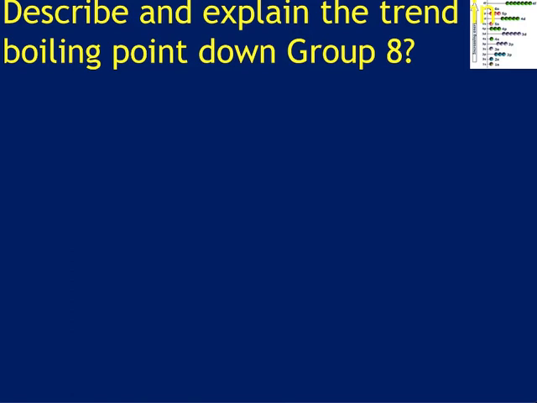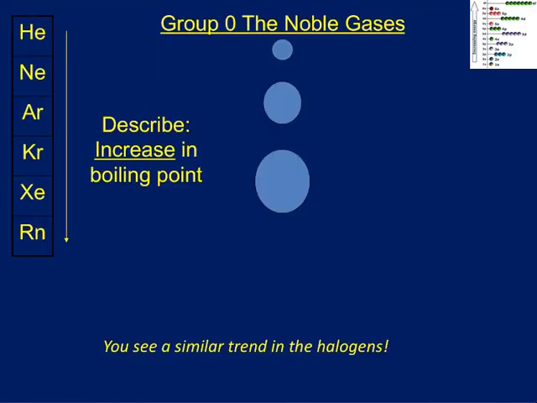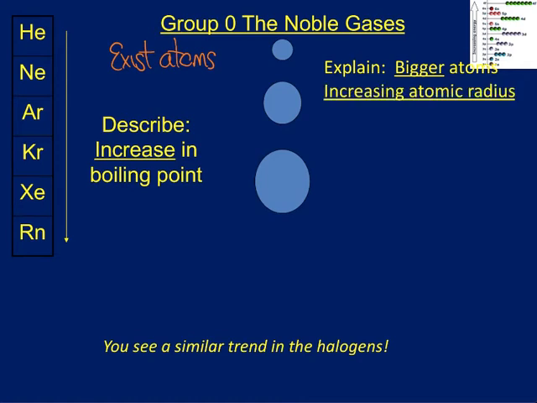In our last part, we looked at group 0, so the noble gases, and we had started talking about increase in boiling point. So as you go down the group, all groups, not the noble gases, but we're going to look at the noble gases because these guys exist as atoms, they don't exist as molecules, so single particles as illustrated here. And as you go down a group, you're getting your bigger atoms, and again it's going back to the blurb we've already done.